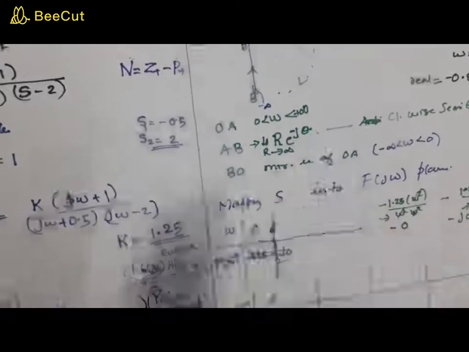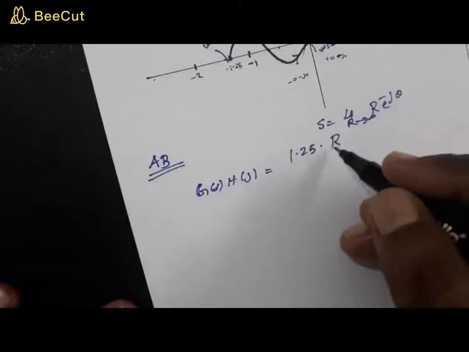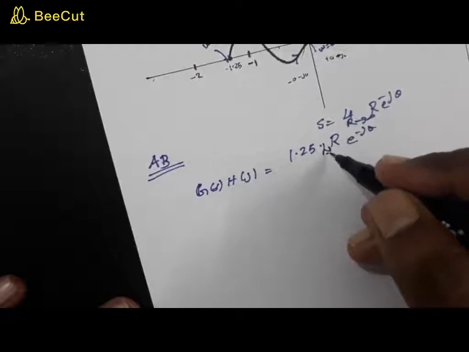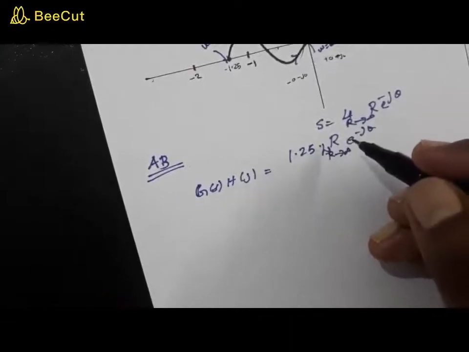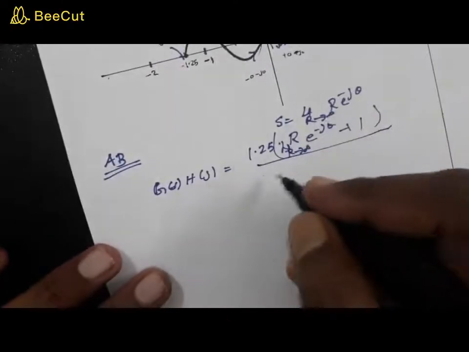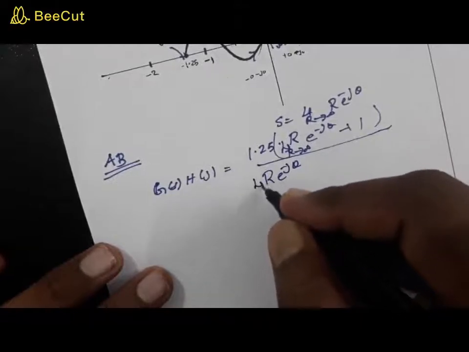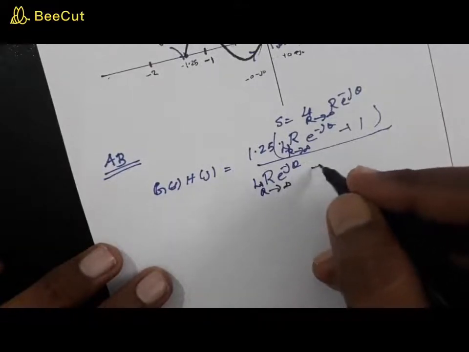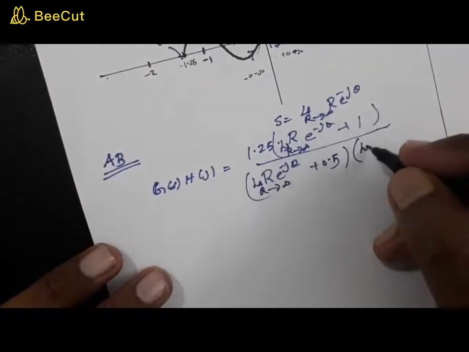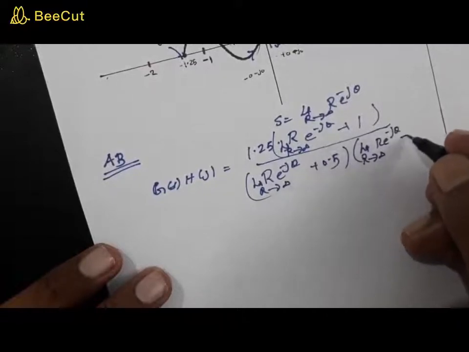Put this value into the G(s)H(s). So we get this equation as 1.25 into r e raised to minus j theta, limit r tends to infinity, plus 1 divided by, again you have r e raised to minus j theta, limit r tends to infinity, plus 0.5 into limit r tends to infinity, r e raised to minus j theta, minus 2.